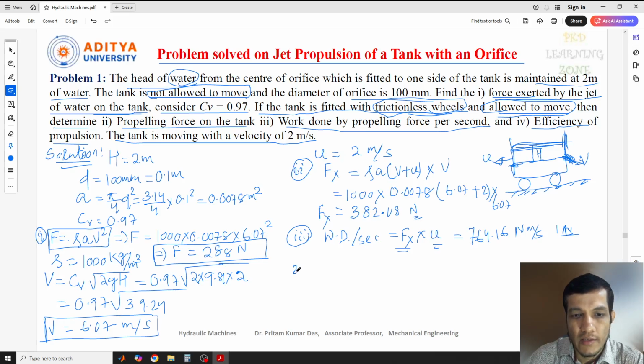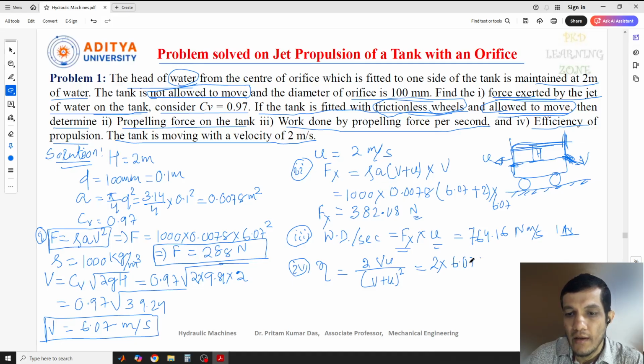Now the last one is efficiency. For the efficiency of the propulsion, we have seen the formula. The formula is 2vu divided by (v plus u) whole square. Now we can write 2 into the velocity 6.07 into the velocity of the tank 2, and here 6.07 plus 2 whole square.